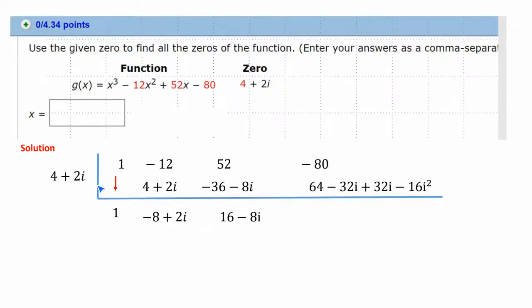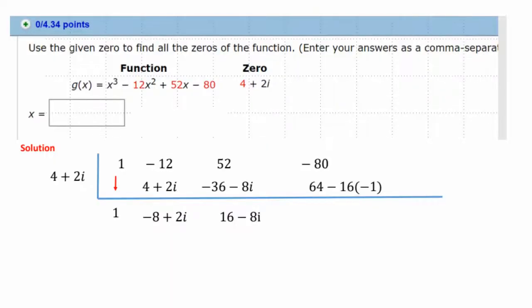Okay, so we do the multiplication again. 4 times 16, 4 times 8i, 2i times 16, 2i times 8i squared. So we end up with this. Notice here negative 32i plus 32i is going to become 0. And negative 16 times a negative 1 will become a positive 16.